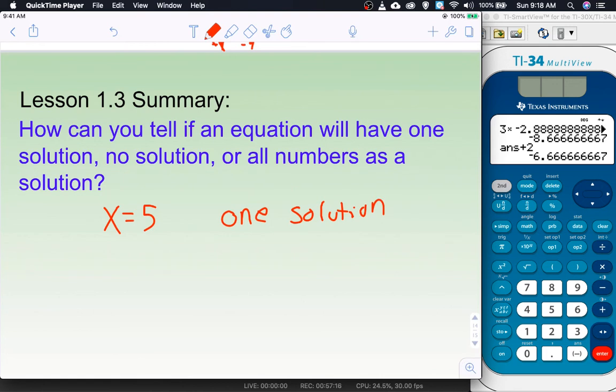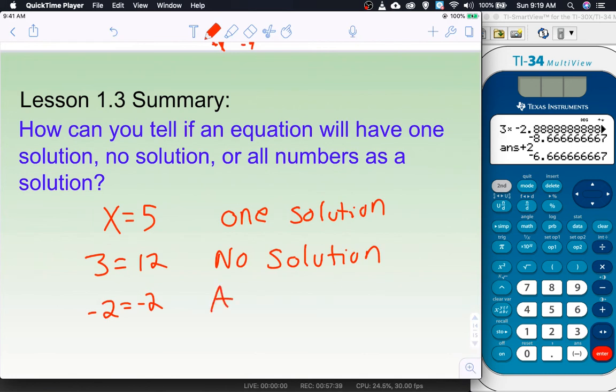If your variable canceled out and you have 3 equals 12, that's not true. That would have no solution. And if you solved an equation and your variables completely canceled out on both sides, and you get something like negative 2 equals negative 2, that is true, that would have all real numbers as a solution.